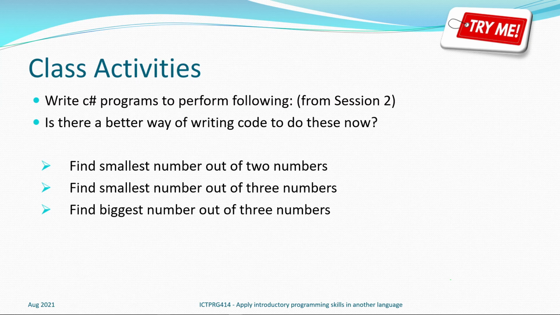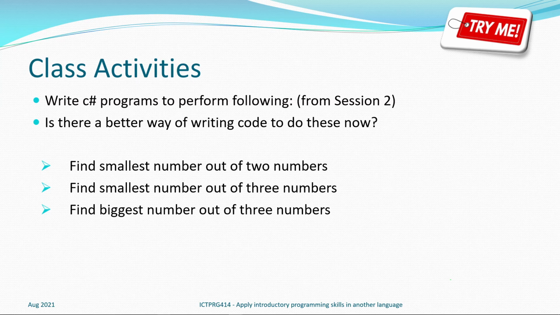So, did you do the activities from session 2? As in, smallest number out of 2 numbers, the smallest number out of 3, biggest number out of 3. And if you didn't, you better go do them. And if you did, would you rewrite your code after reviewing what's in this presentation?